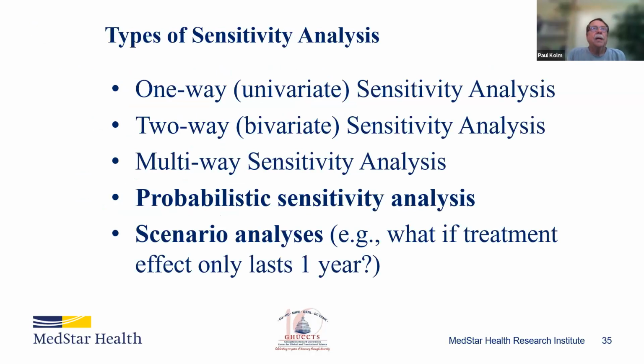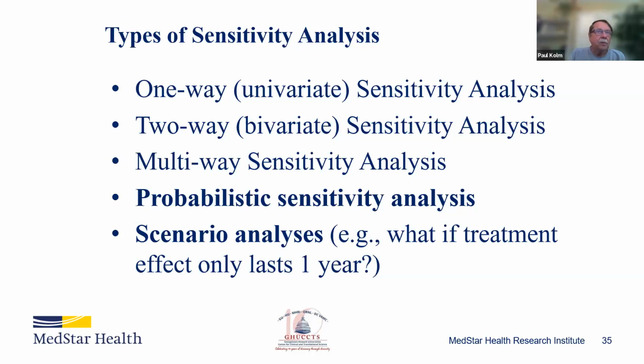So we can do different types of sensitivity analyses. We can vary one variable at a time, so we can maybe vary the costs. Maybe we can vary the effectiveness. Two-way, obviously, we can vary two at a time, which is obviously going to be costs and effectiveness.